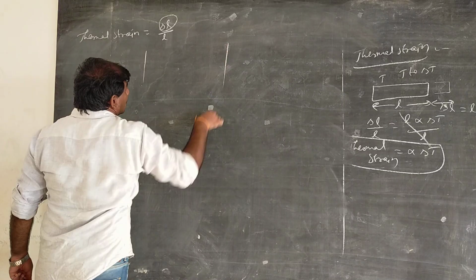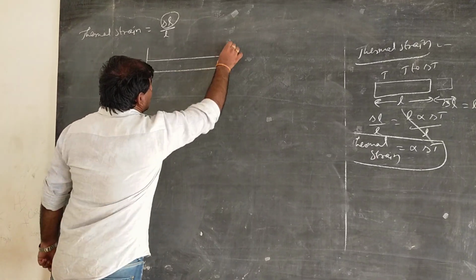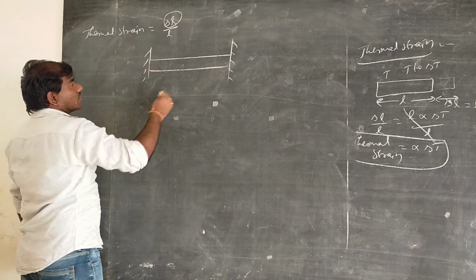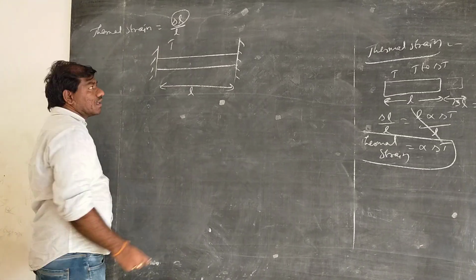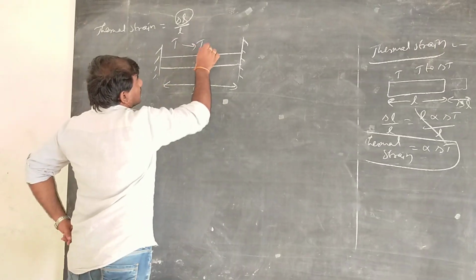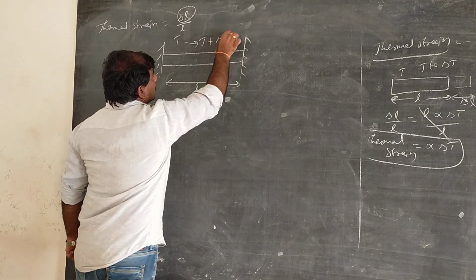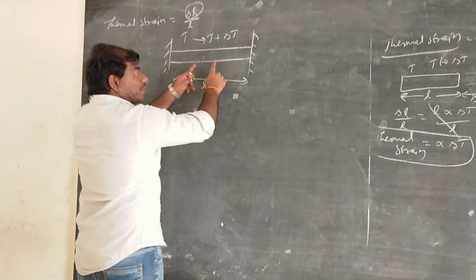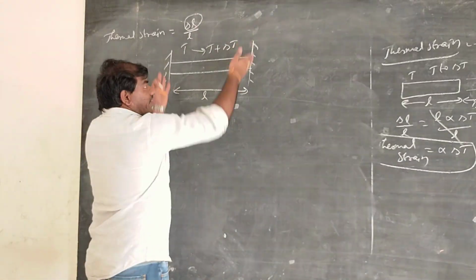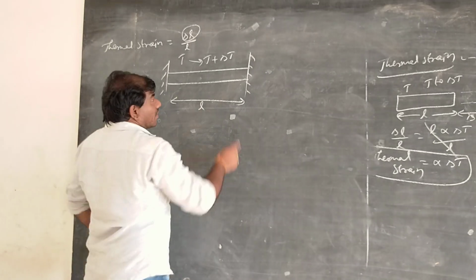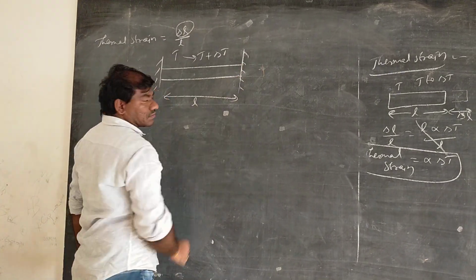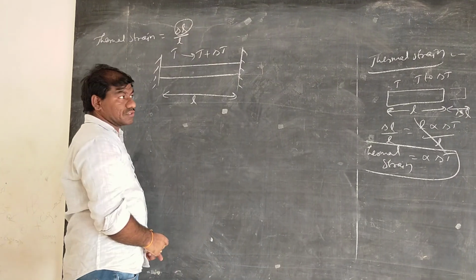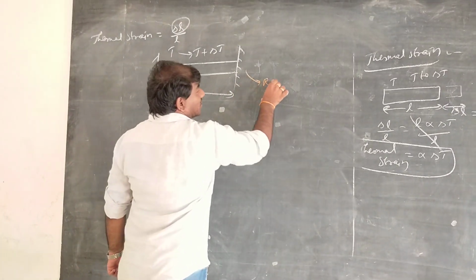You will understand shortly. For example, if I fix this rod between two supports, and its length is L at temperature T. Now I am increasing the temperature from T to T plus delta T. If I leave it, it can expand, right? But I am not allowing it to. This is called restriction.